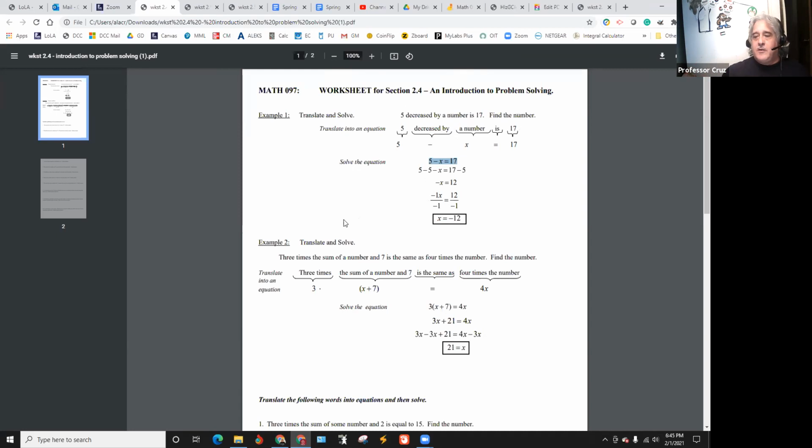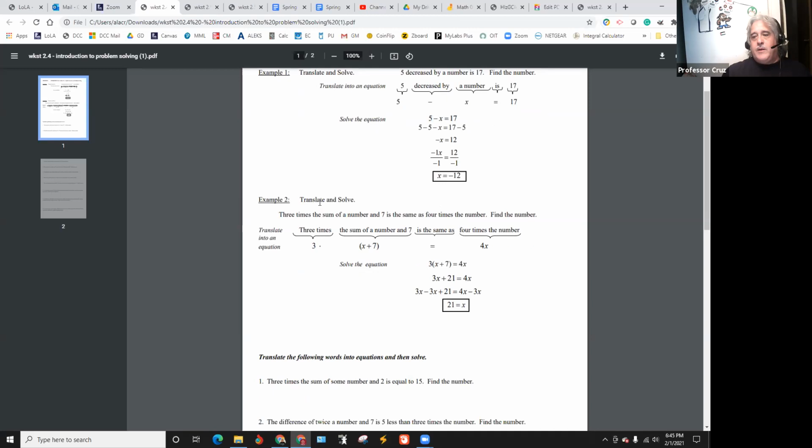All right, here's another one. Translate and solve. 3 times the sum. When you hear sum, think about things inside of parentheses that are going to be added. 3 times the sum, and what is that sum?